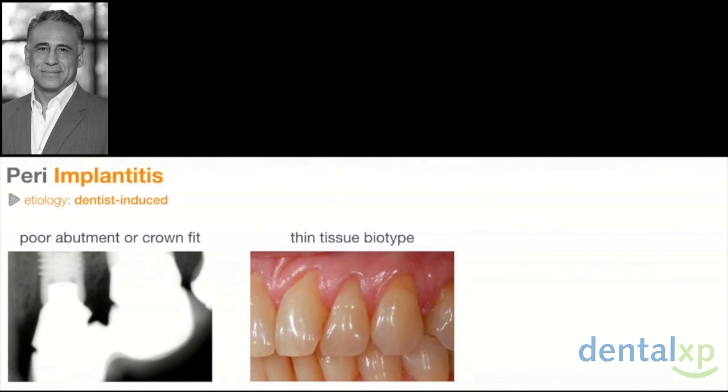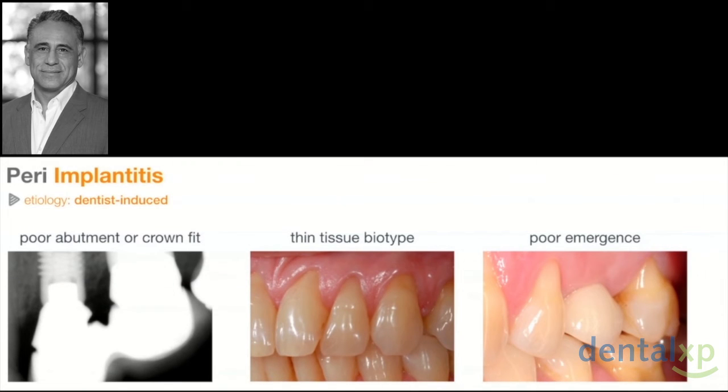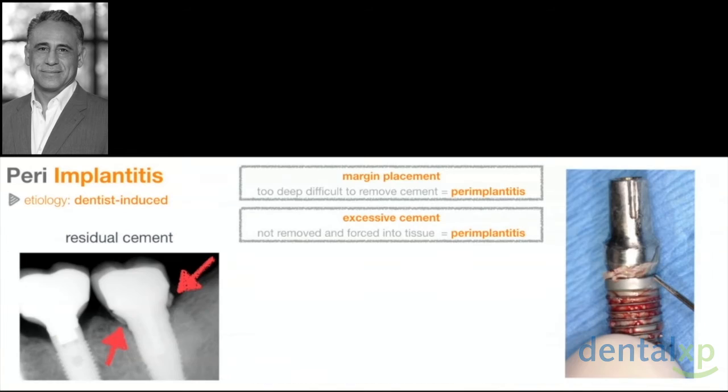Thin tissue biotype is always a risk factor in any type of treatment, so we need to be super cautious about enhancing the bone, enhancing the soft tissue, and grafting techniques to be able to have the implant in adequate bone and also thick soft tissue. And of course, poor emergence of the restoration itself can induce implantitis. This has to do with really poor design of the abutment and the crown, with poor contour, again making the site difficult to maintain clean.